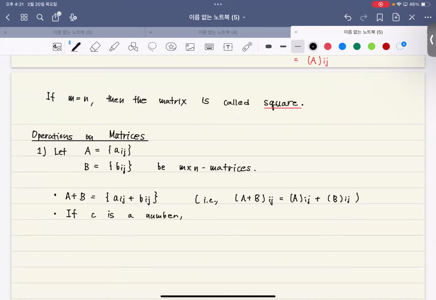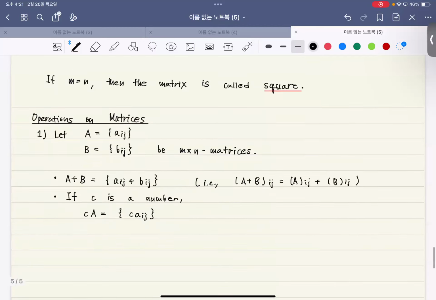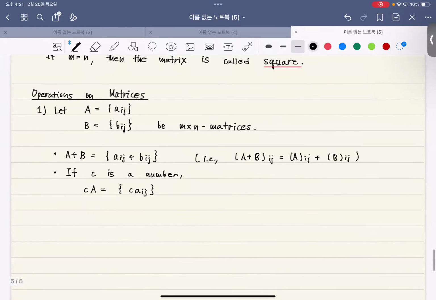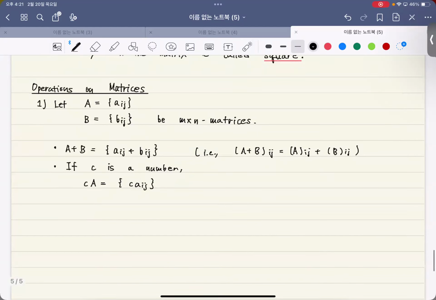For any number c, c times A is, well, every entry multiplied by the same number c. So this is a scalar multiplication. Okay, nothing is complicated. But this is somehow complicated.